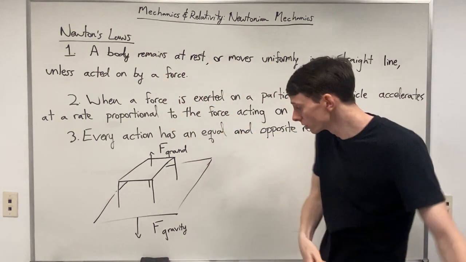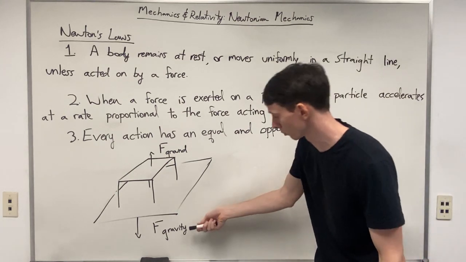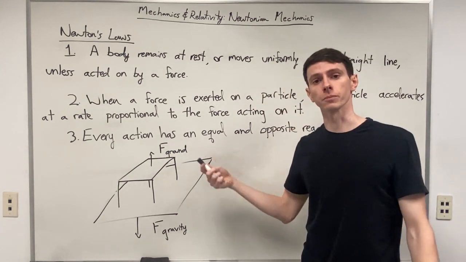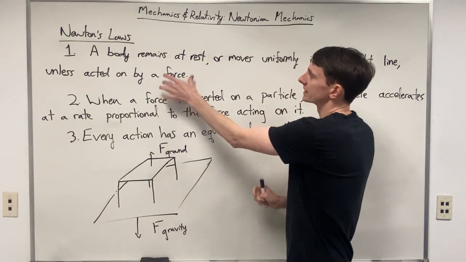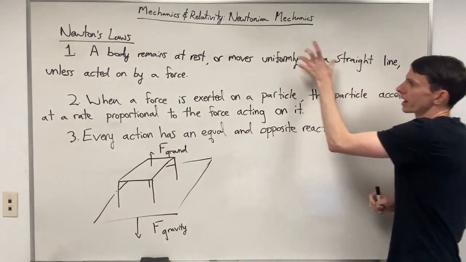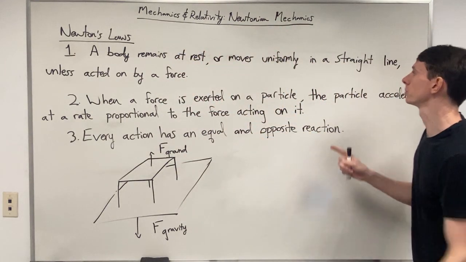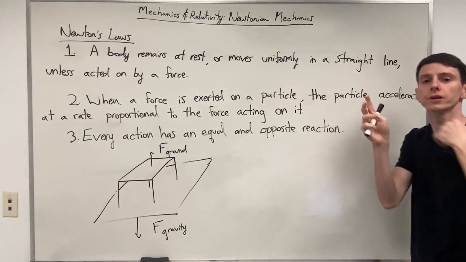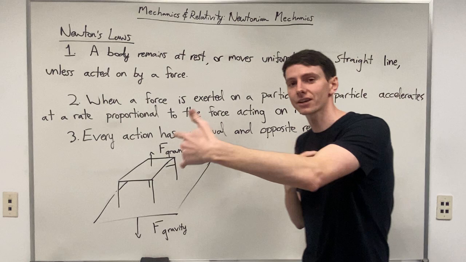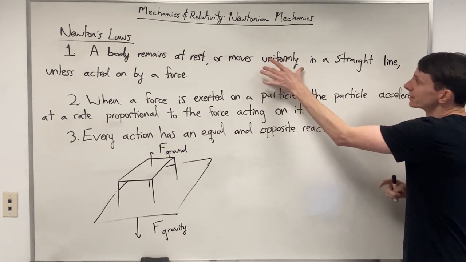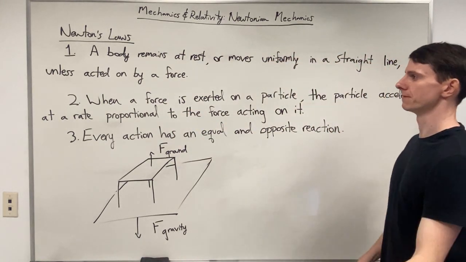It's actually acted on by multiple forces: the force of gravity and the force from the ground. So even though there are forces on this table, it still falls into one of these two categories. The same thing can be applied with an object moving uniformly in a straight line. You could, in fact, have forces acting on it while it's still moving uniformly in a straight line.